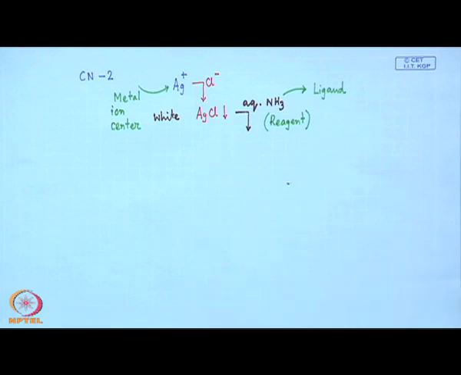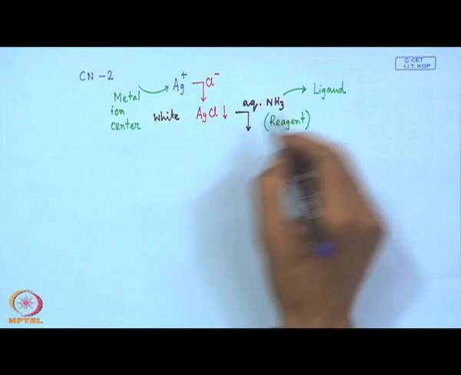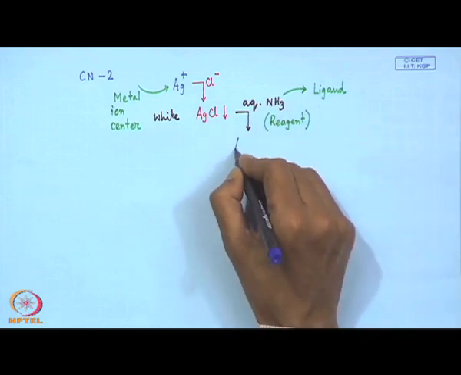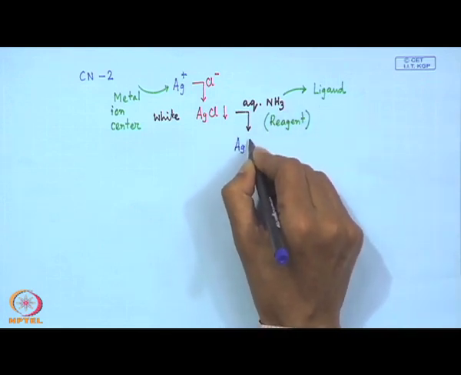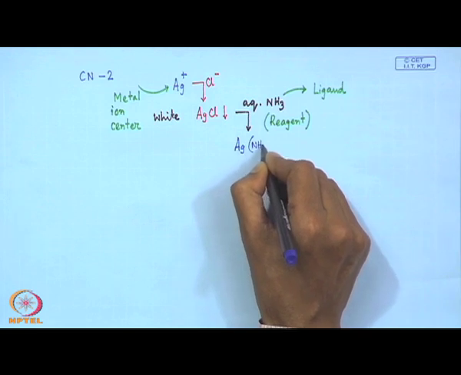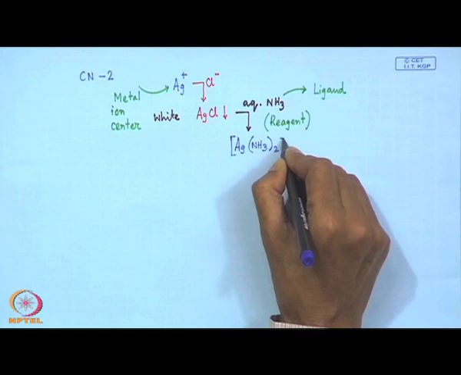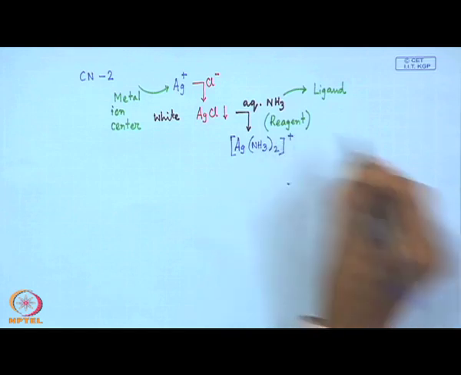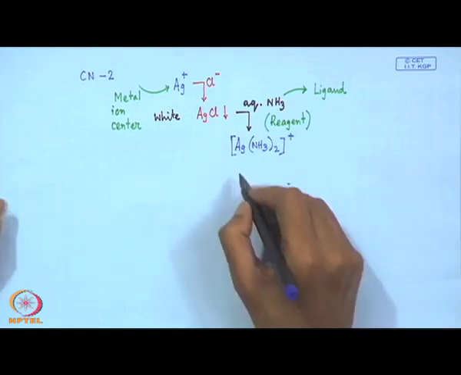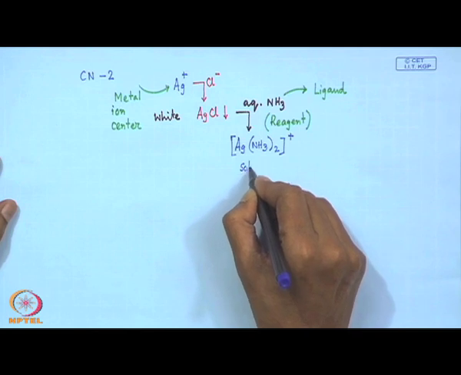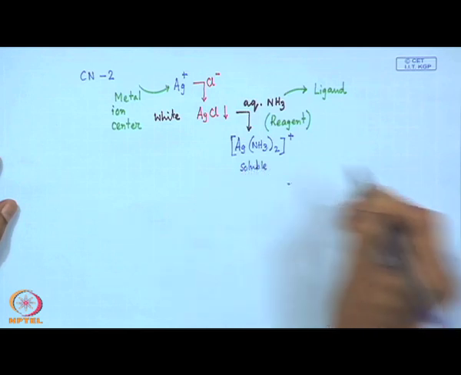So, we can have the interaction between silver chloride and ammonia resulting in the silver ammine coordination complex, which is soluble.